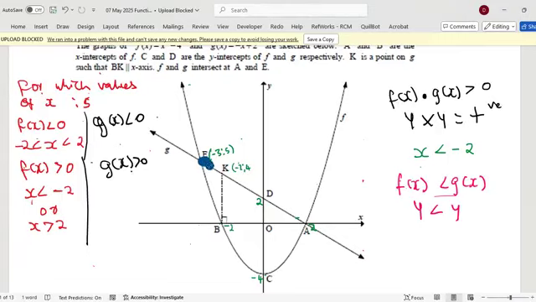Am I right? Yes, sir. Okay, the y value is positive in this quadrant, but now what do I want to say? I want to say it's bigger. The y value at this point is bigger than the y value at this point. Am I right?